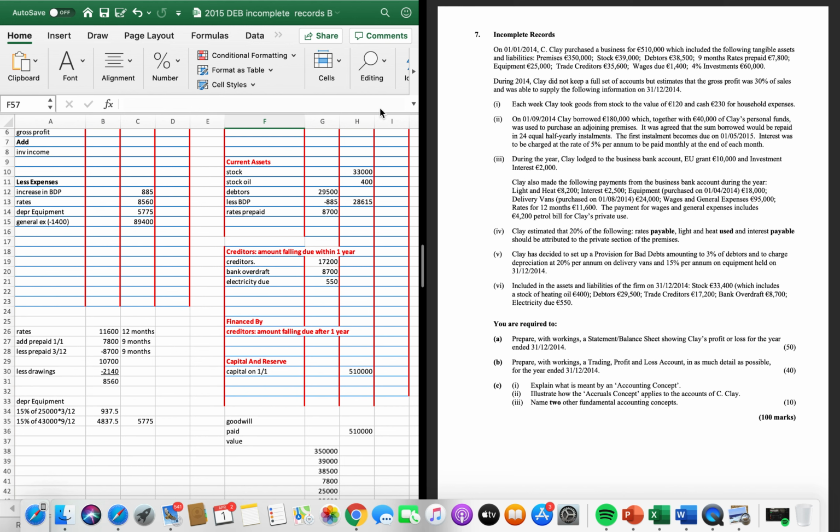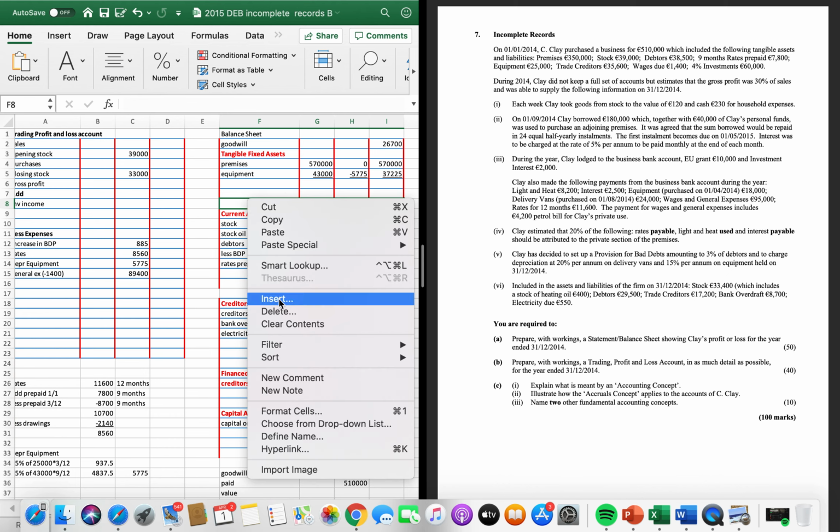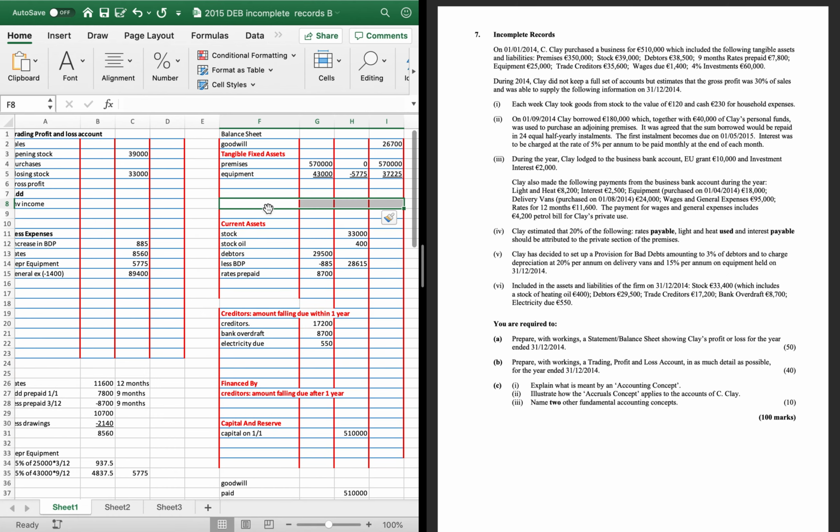Now we've got 4% investments. So they're giving you the percentage, which means I'm going to have another line here probably. So which means you can work out the investment income as well. So 4% investments are 30,000.